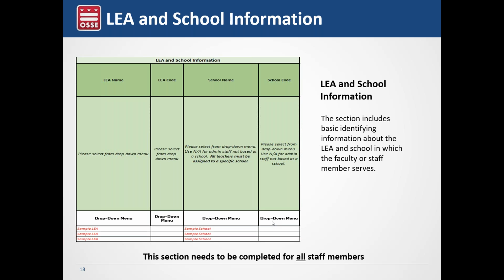So if they are teaching in multiple schools, they should be listed at multiple schools. And then what we will do is we say, okay, we see this person's at 3 schools, we roll them all up. If we add their FTEs together, we see they're a full-time person, but they're split equally between those 3 schools.